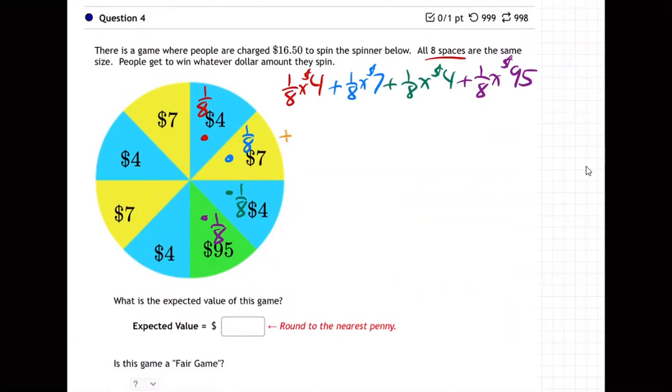Plus, I'll come down here. This one also has a 1/8 chance. Another $4 slot there. Plus, this one has a 1/8 chance, times $7. Plus this one, another 1/8 chance.